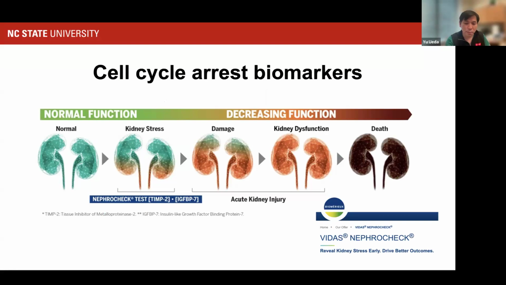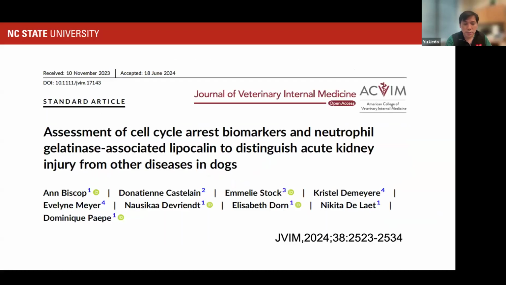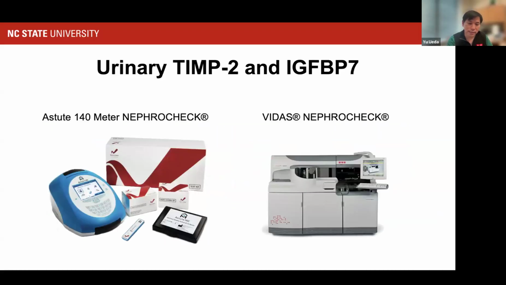And this test has been commercialized and FDA approved in human patients, and it's called NephroCheck. There are two types of tests or devices that human patients or people can use. One is the big machine that you can access in a central lab, and this immunoenzymatic test can run TIMP2 and IGF-BP7, and you can get the results within a few hours.